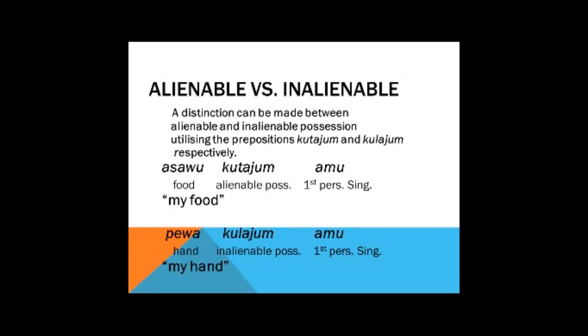So my hand, at least under conventional circumstances, that's not going to become your hand, so it's inalienable. If you want to emphasize this distinction in Latropeth, you can, using the prepositions kotayom for alienable possession and kolayom for inalienable possession. Examples: asawo kotayomamu, my food; pewa kolayomamu, my hand.